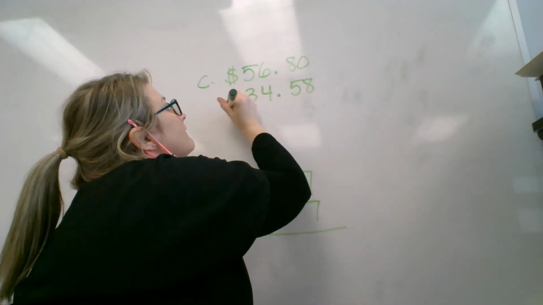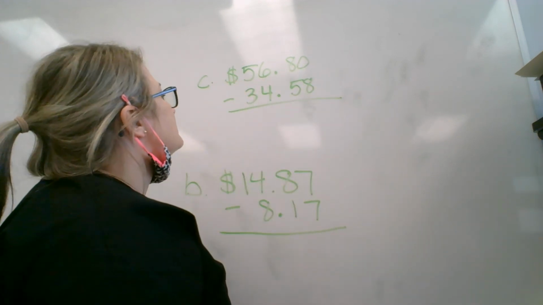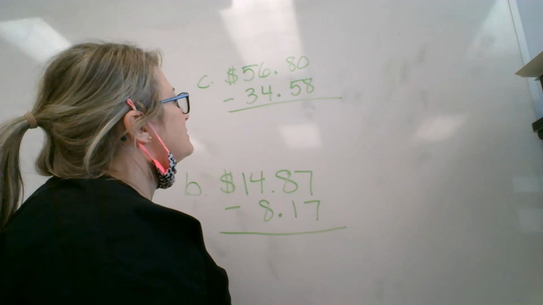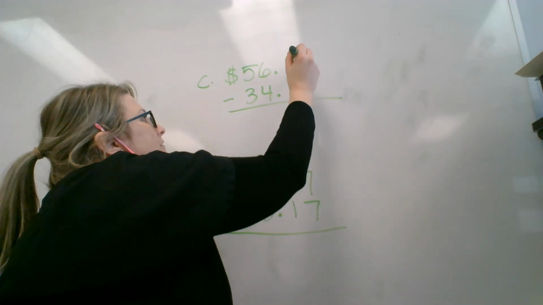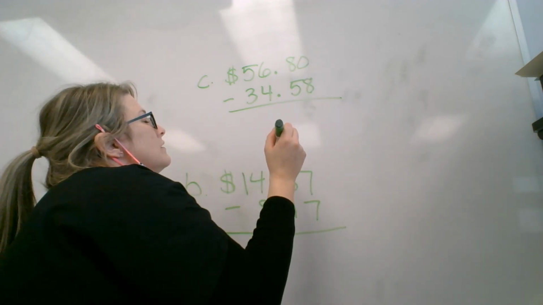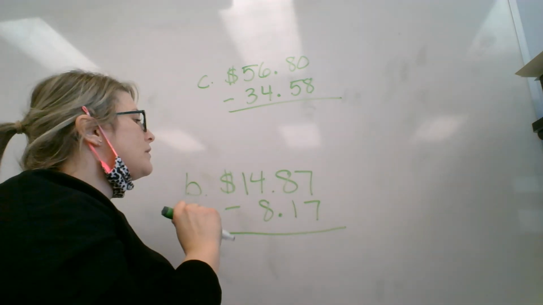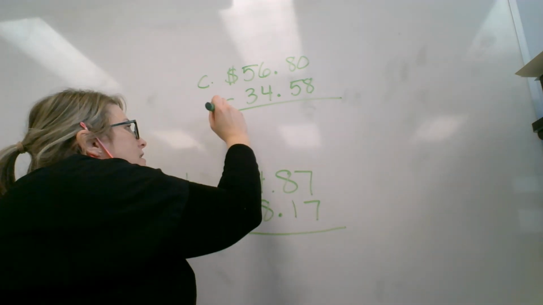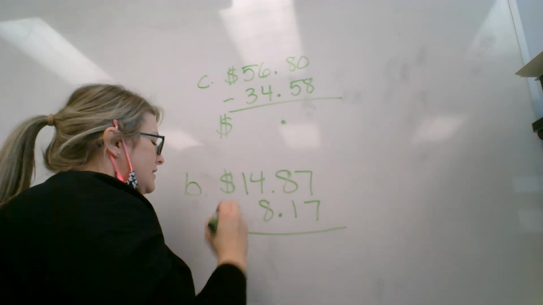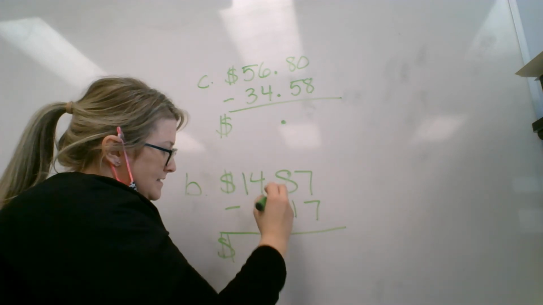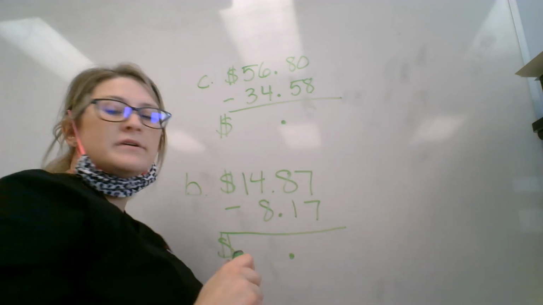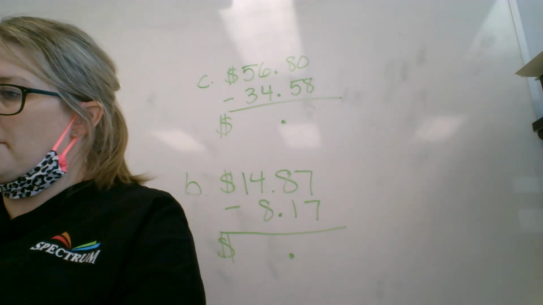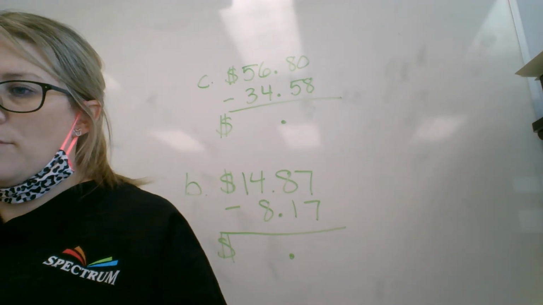Okay, so again, I'm subtracting. You're going to have to do some borrowing because you cannot take 8 from 0. Okay? When you are finished, make sure that you have dollar signs and decimals in the right places. Make sure to line up your numbers in your best handwriting so I can read them. We got one more part here.